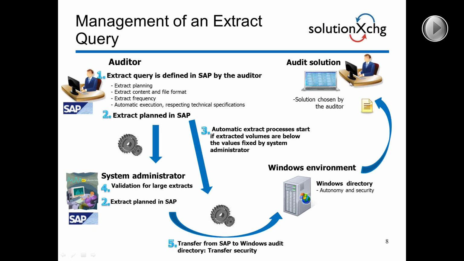From this Windows file system, the auditor can then pull the file and load it into their tax auditing software, continue to work with the software that they're most familiar with, and create your tax statements and so on.